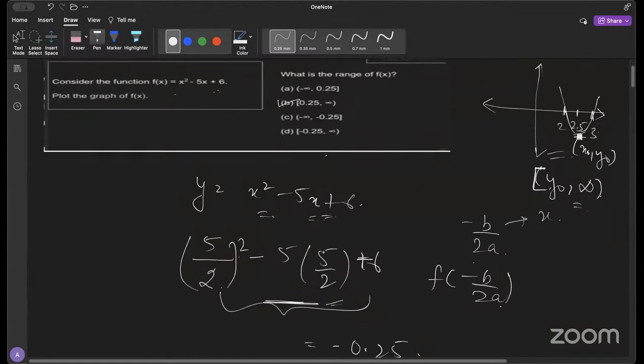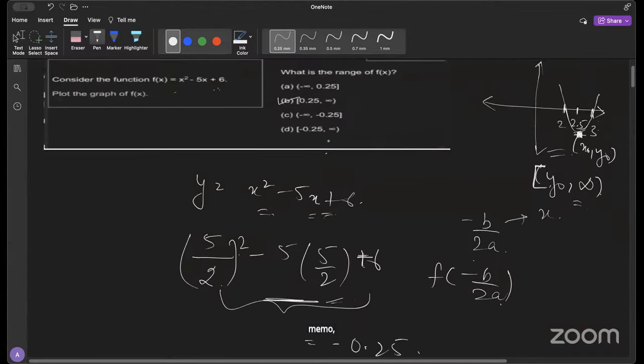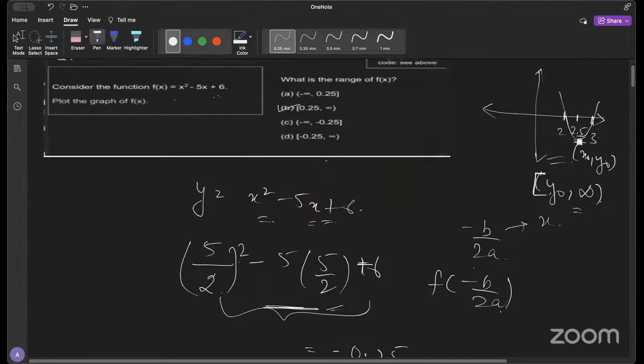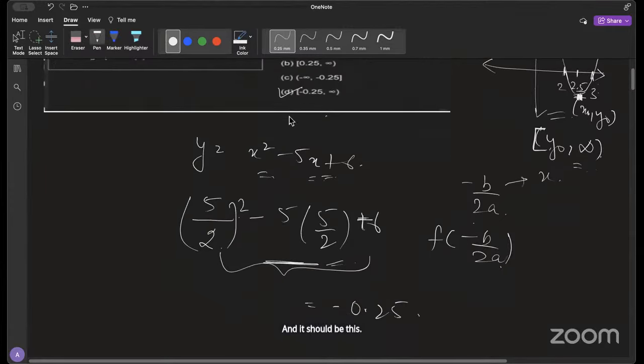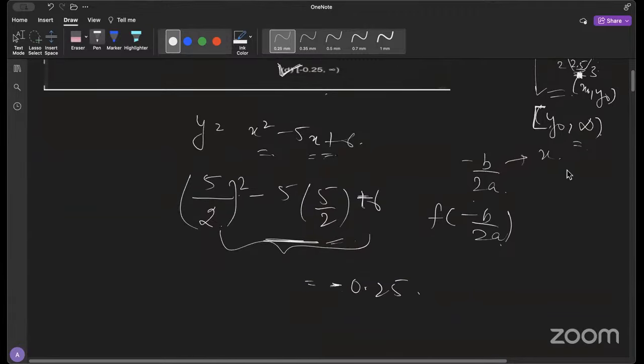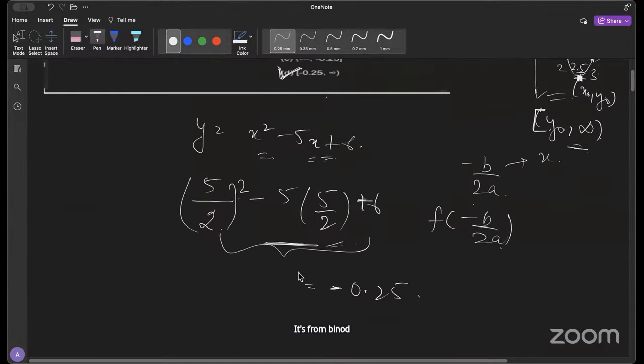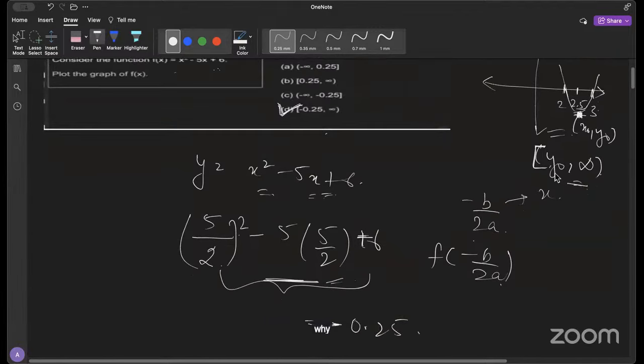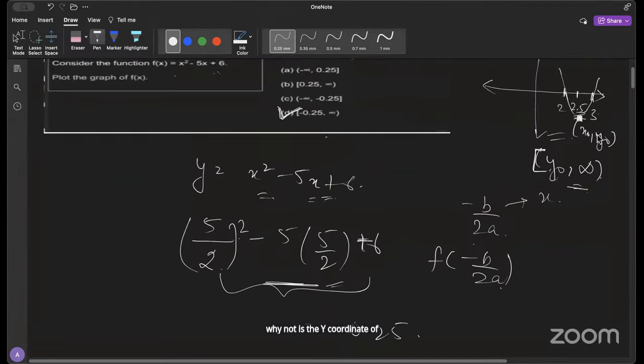Ma'am, option D. It would be option D. Okay, it's from y naught to infinity, and y naught is the y coordinate of the vertex.